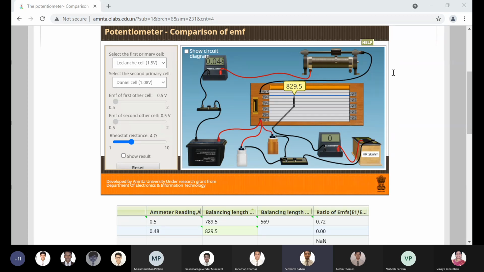Ma'am, do we have to write the procedure? No need for a procedure. Understood. Let's complete your work, it's only 5 minutes more. I will check. I've given marks for those who have completed their work and posted the animation.